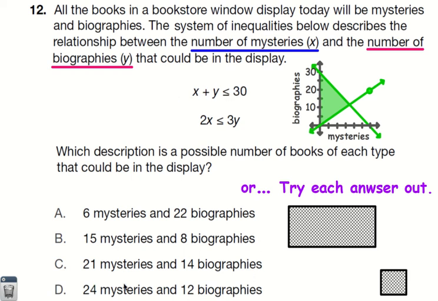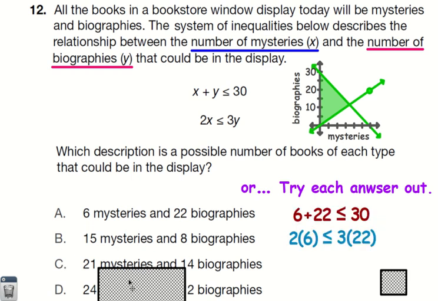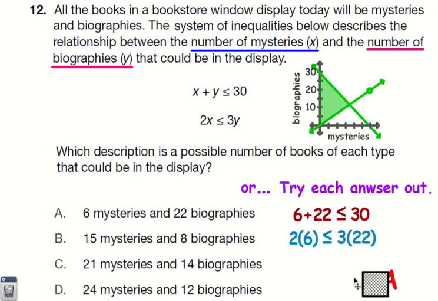No. So it's not D and it's not C. Anyway, we know it's A. Here is confirmation that it is in fact A. Because if you do 6 plus 22, that is in fact less than or equal to 30. And if you do 2 times 6, it is in fact less than or equal to 3 times 22. And so it is A.